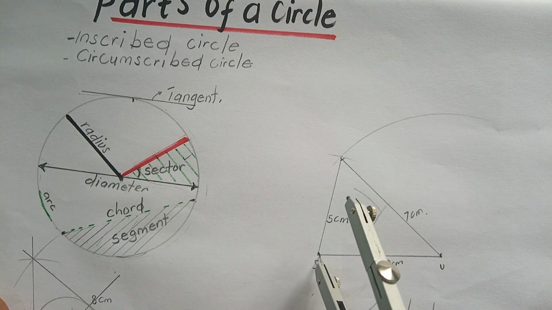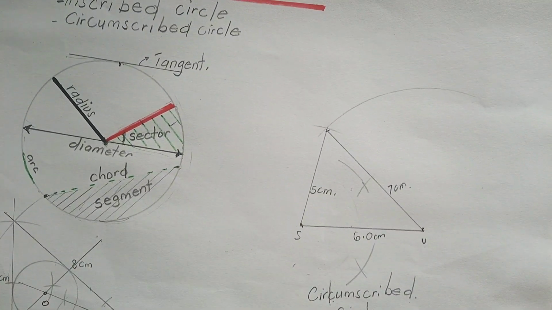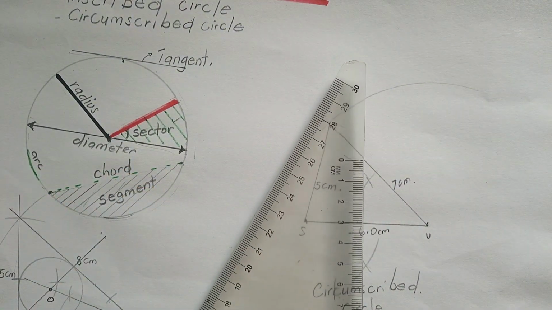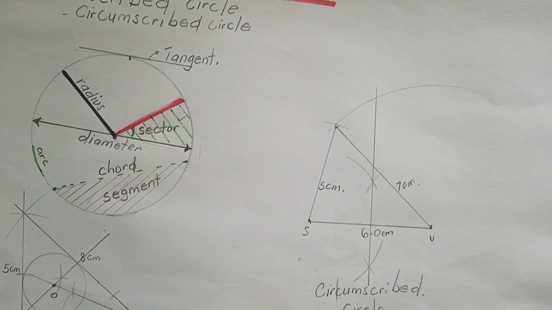They are meeting at that point, and then I draw a straight line to stand in for our perpendicular. So I draw a straight line like that.